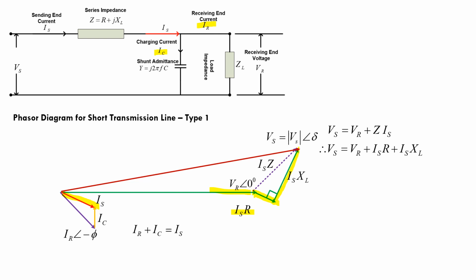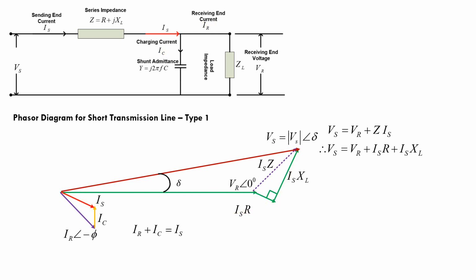This sending end voltage can be obtained in this way. The displacement between receiving end voltage and sending end voltage is given by the phase angle delta. I hope that you have understood this.